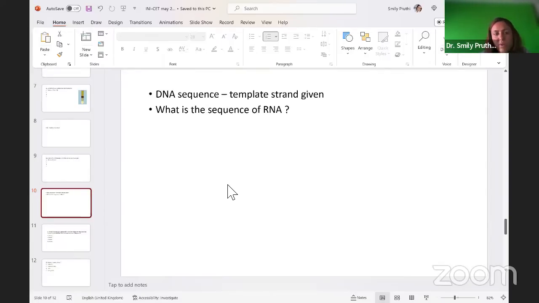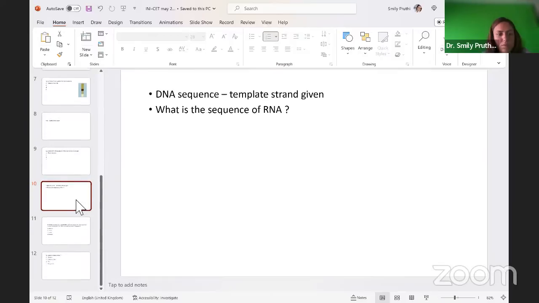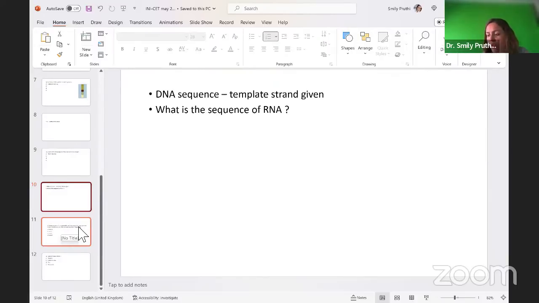There was a question on DNA sequence, the template strand was given. I think there is a lag between the chat and when I'm talking, so that's why we are not able to align. Still the chat is going for collagen and I am here at this question on DNA sequence.